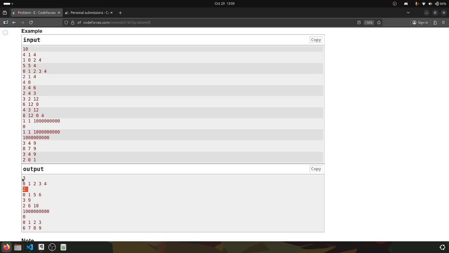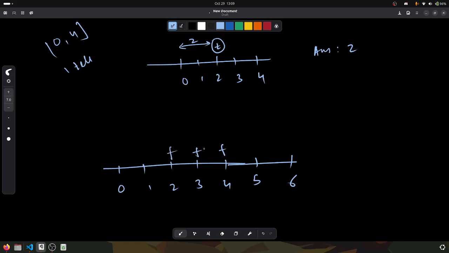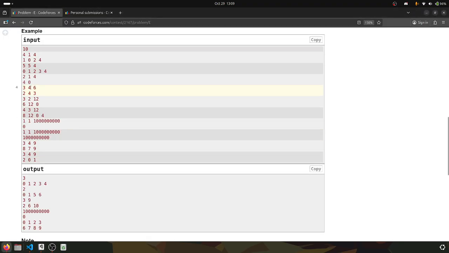So the next test case is 2, 4, 3, and we can place till 6. So 0, 1, 2, 3, 4, 5 and 6, and the friends are at 2, 4, 2, 4 and 3, and then we need to place 4 teleporters.